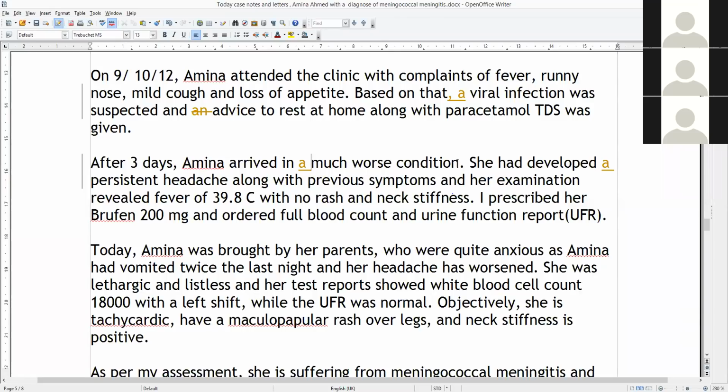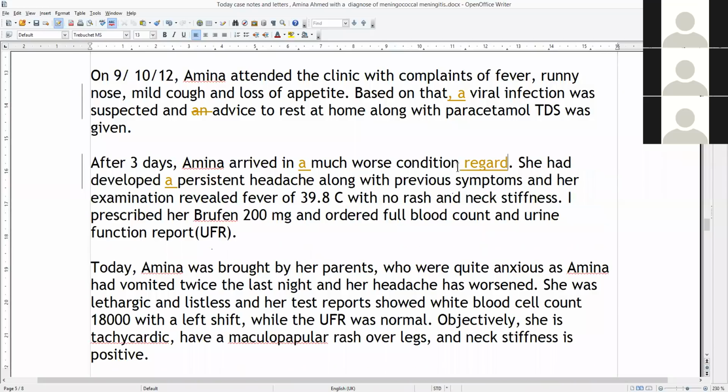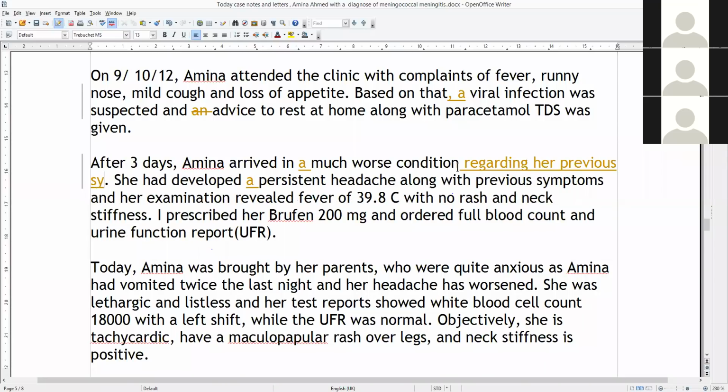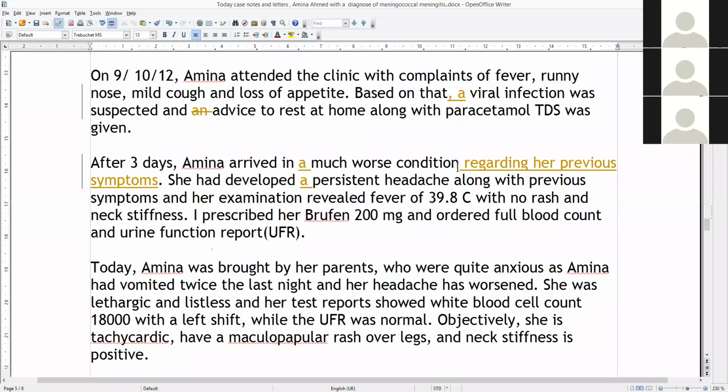Amina presented with, oh dear, right. Amina arrived in a much worse condition regarding her previous symptoms, or something such as that, but the previous symptoms should be mentioned there, and also she had developed, right?